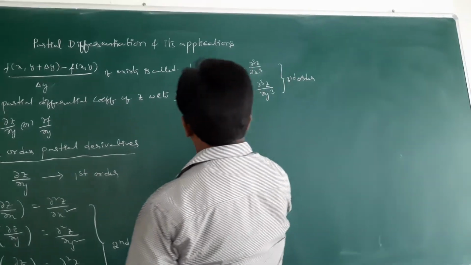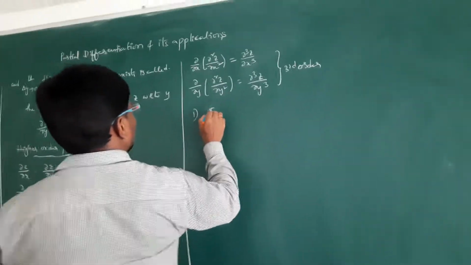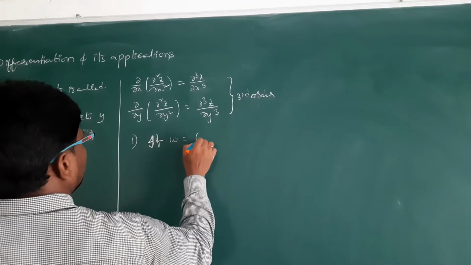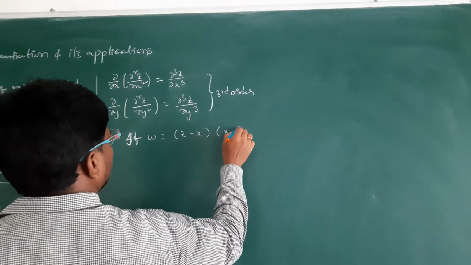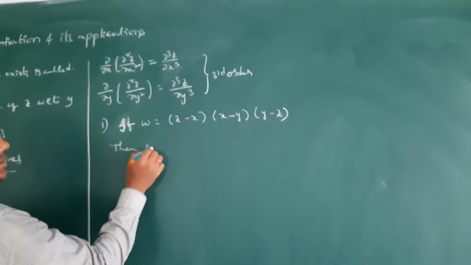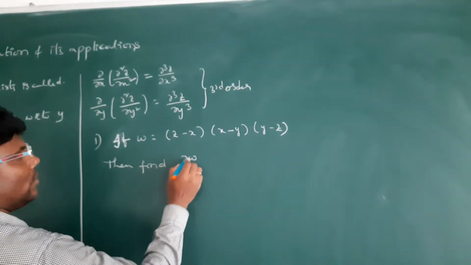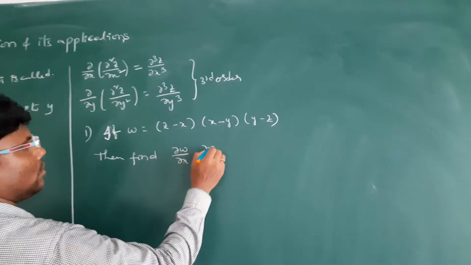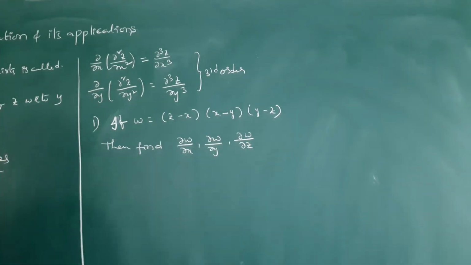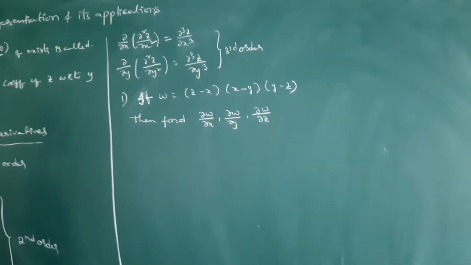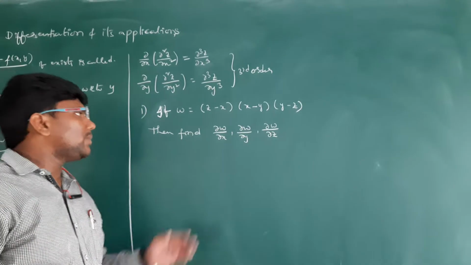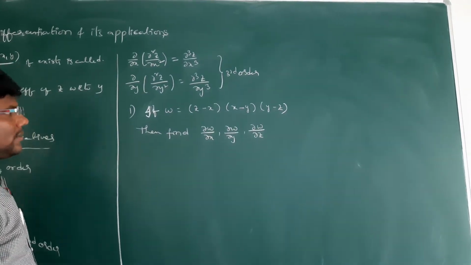Find the partial derivatives if w is equal to z minus x into x minus y into y minus z, then find dou w by dou x, dou w by dou y, dou w by dou z.